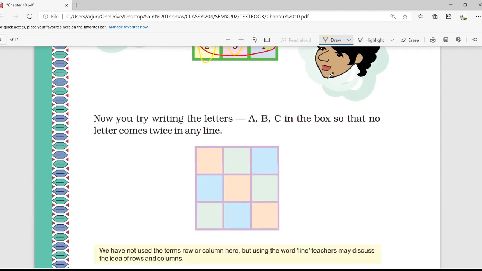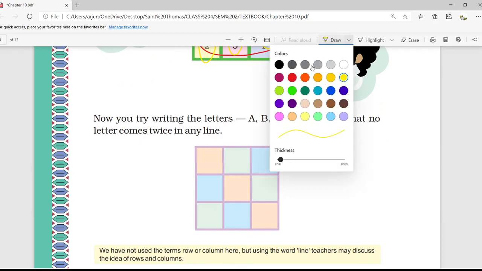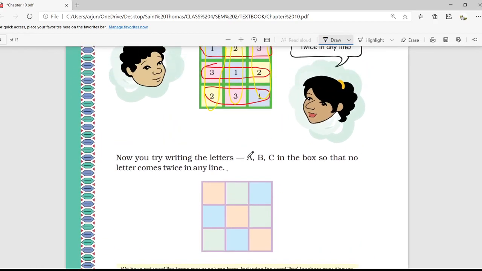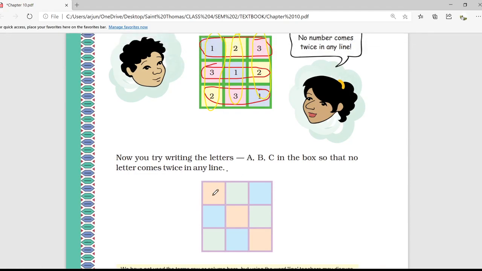Now you can try the letters A, B, C in the box this way, so that no letter comes twice in any line. So what can we do?